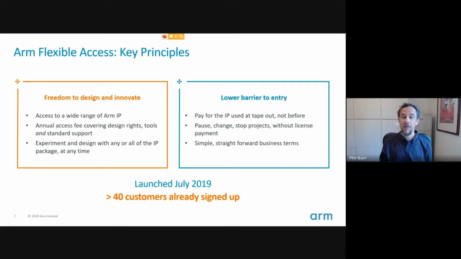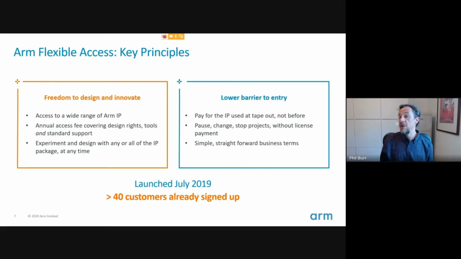That access fee covers design rights, tools, and support. For startups, we're removing that fee so that startups continue to get access to that technology, get access to the tools, and we continue to support them. It allows companies to experiment and design with any or all of the ARM IP in this package at any time.